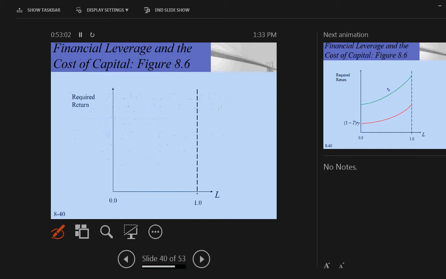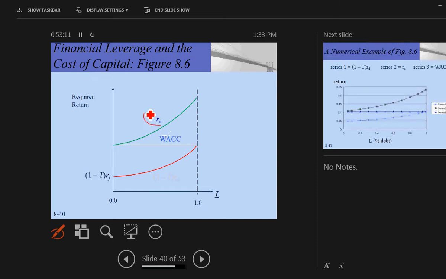To see this, I'm going to have these two plots here. These are returns to equity holders and debt holders of a company, right? This is what equity holders receive. This is what debt holders effectively receive, or what the corporation pays debt holders. When leverage is 0, we're down here and WACC is exactly equal to the required rate of return on equity, and when debt is 100%, WACC is exactly equal to the required rate of return, or the cost of debt, if you like.